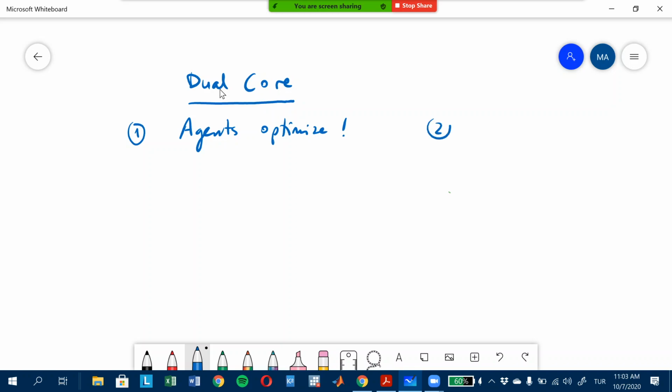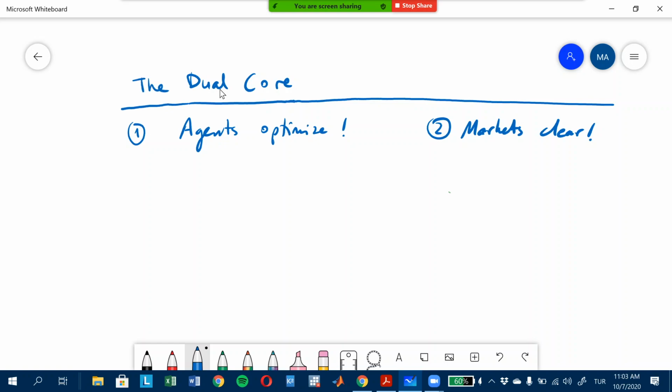And second, markets clear. You can still see the whiteboard, right? Yeah. All right. So this is the dual core of general equilibrium theory.